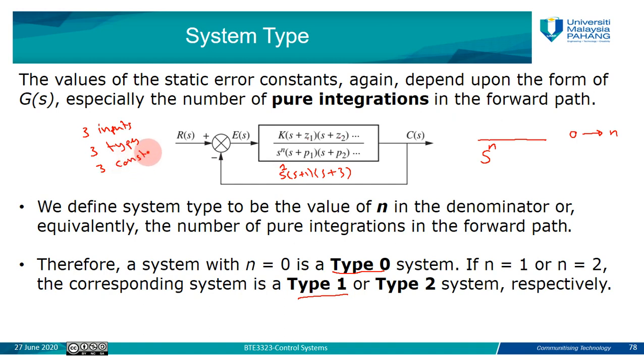Later on, these constants depend on the input function. As we already previously mentioned, one is related to the position constant, the second is related to the velocity constant, and the third is related to the acceleration constant.